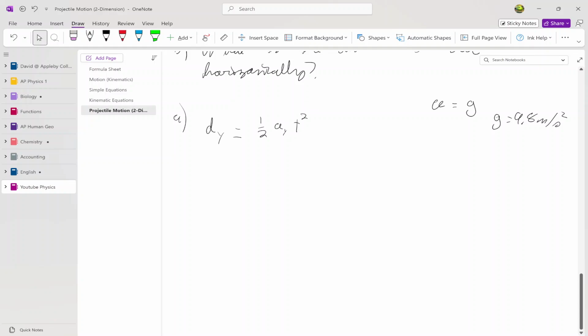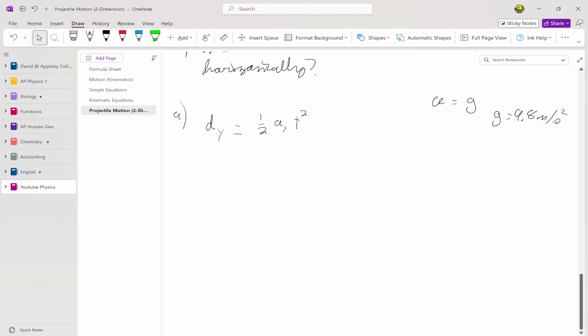Let's plug in everything. Well, actually, remember what we do? We always isolate for the variable first and then plug in. So we times by 2, and then divide by the acceleration.